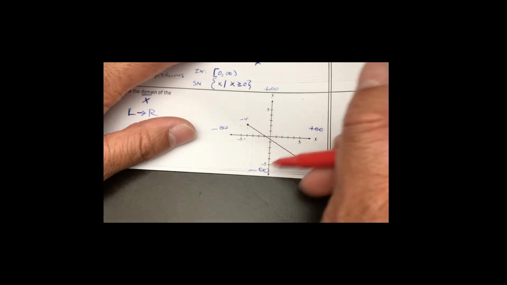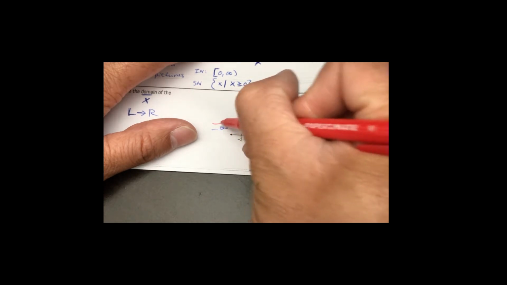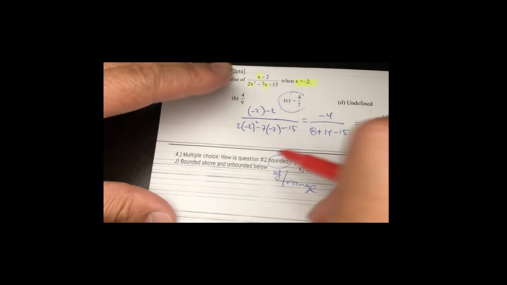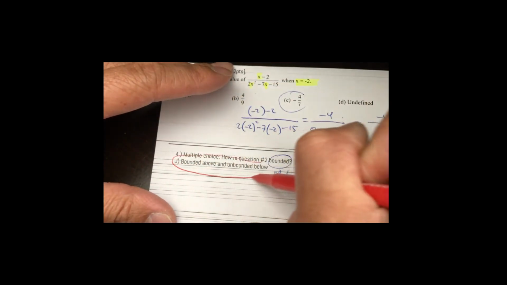Notice how the graph can go anywhere down here, so this would be unbounded. But here, it looks like there is a boundary, so that would be bounded above, unbounded below. Let's see if we have anything like that. Bounded above and unbounded below. So that'll be choice J.